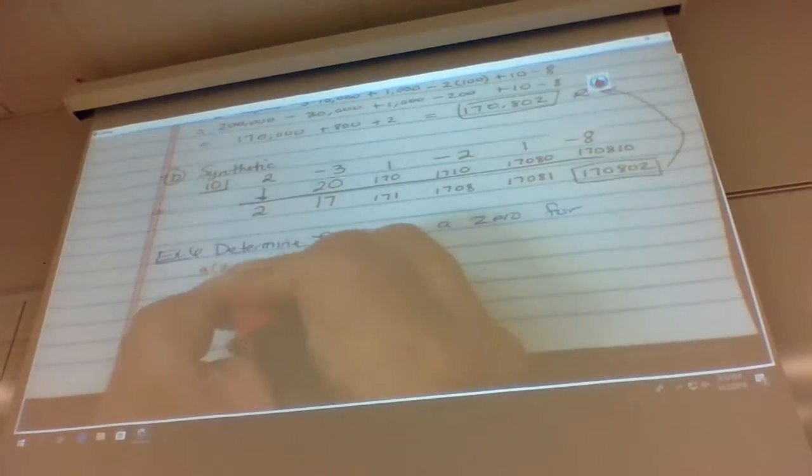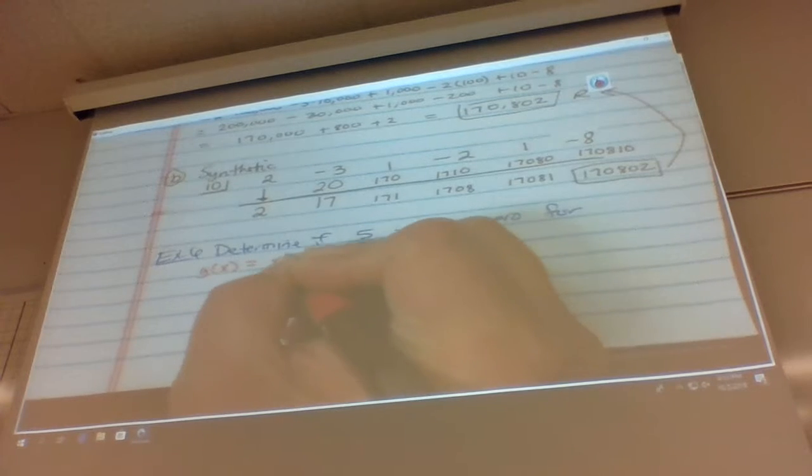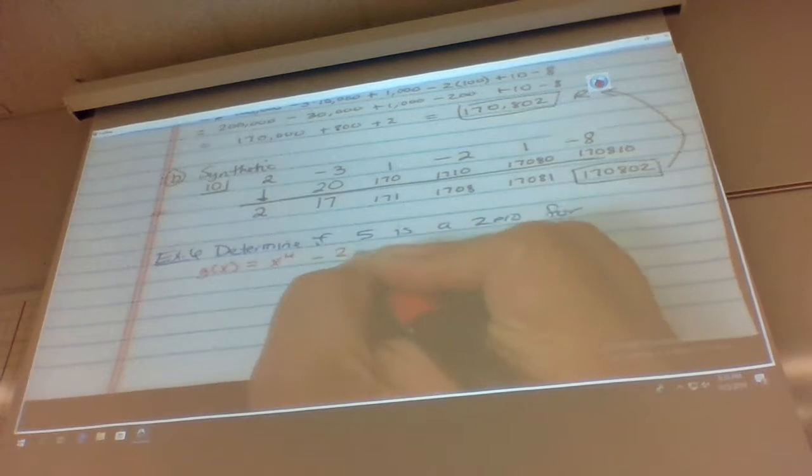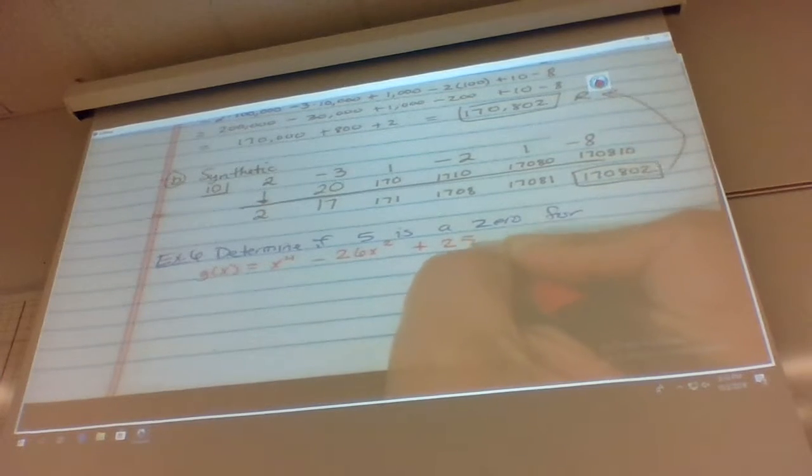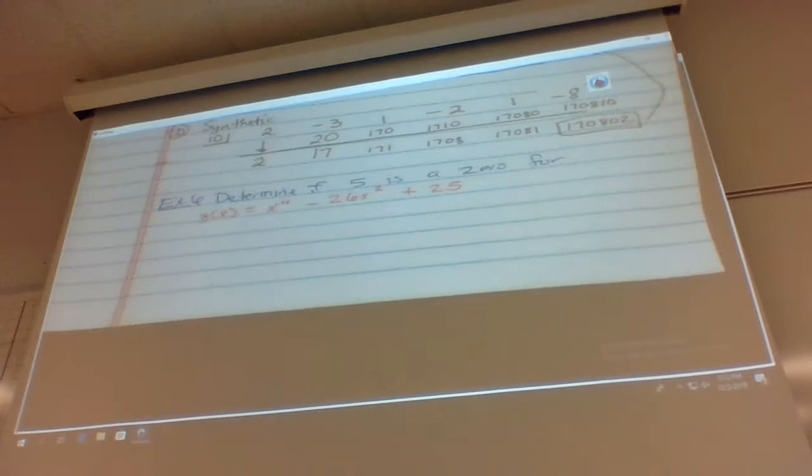Now, how can you determine if what they give you is a 0? Make sure that there's no remainder. And you have 2 ways to do it, long division or synthetic. I'm gonna use synthetic. Now, what is the number that goes outside in the little box? The 5, because that's the number they want you to check. They already gave you a 0, but you're checking, so it's like a yes or no kind of question.